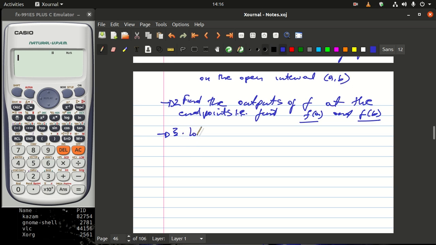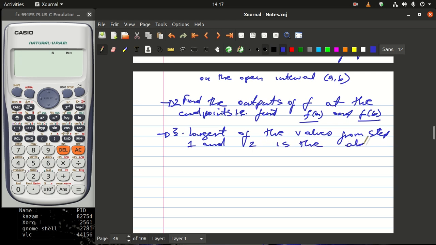So the largest of the values from step 1 and 2 is the absolute maximum.